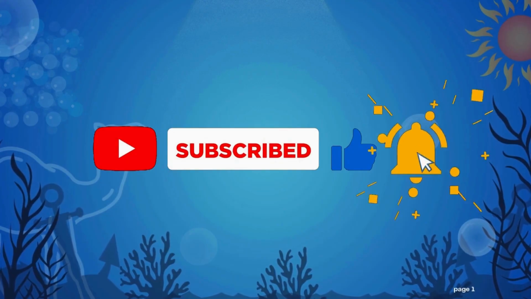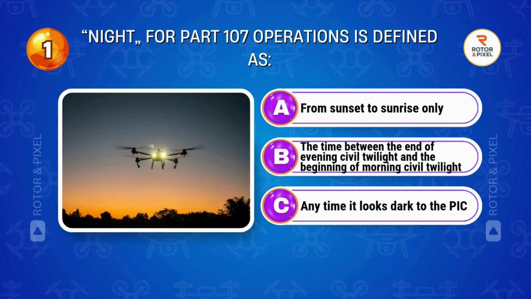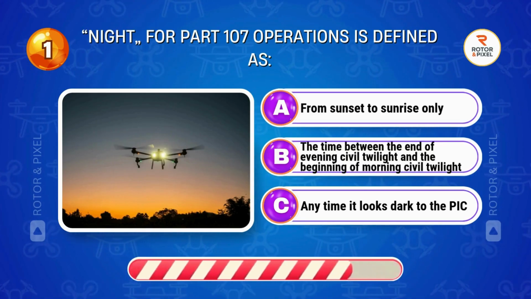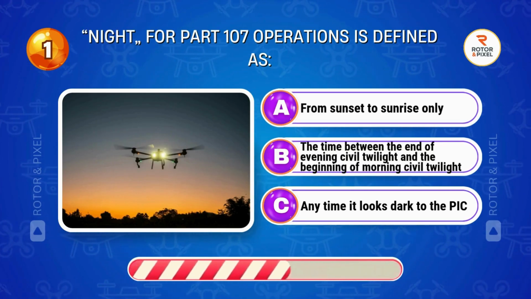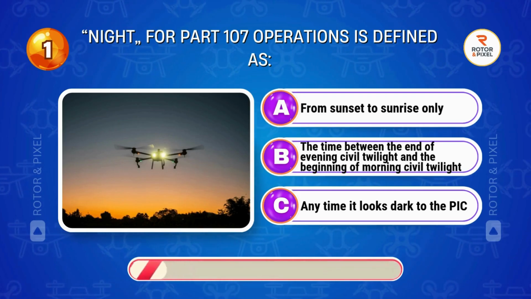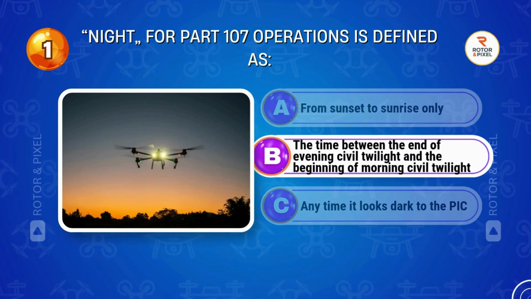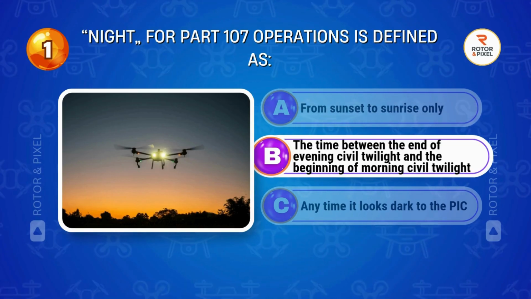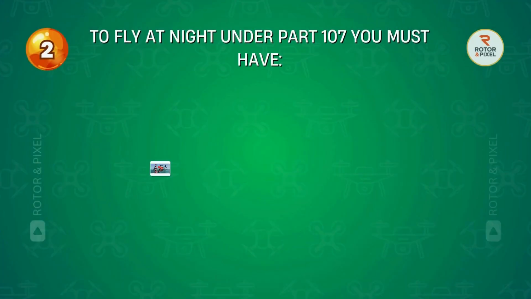Ready? Let's get started. Night for Part 107 operations is defined as... Answer B, the time between the end of evening civil twilight and the beginning of morning civil twilight.